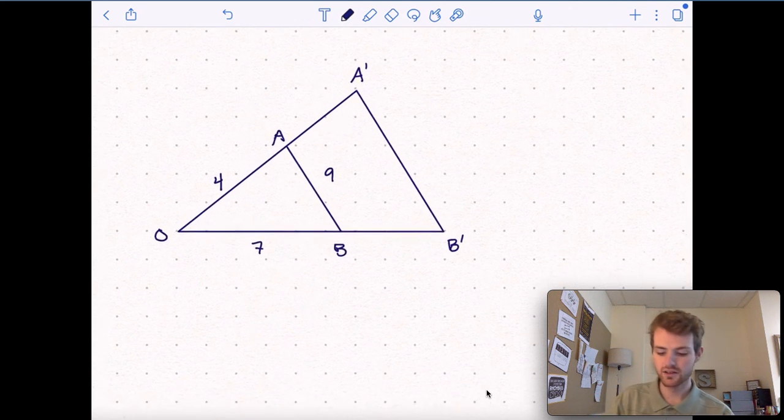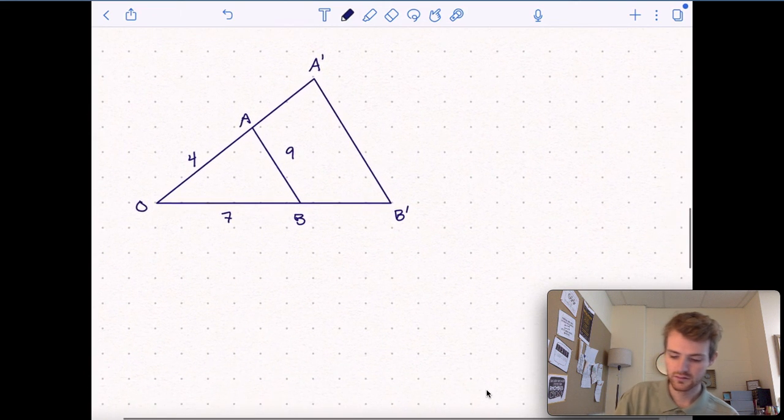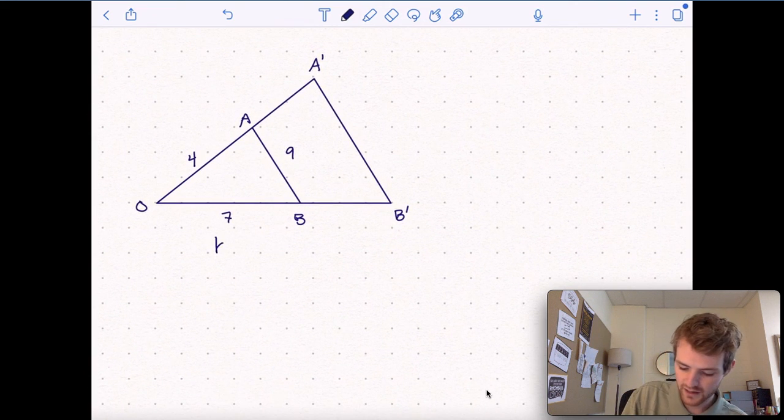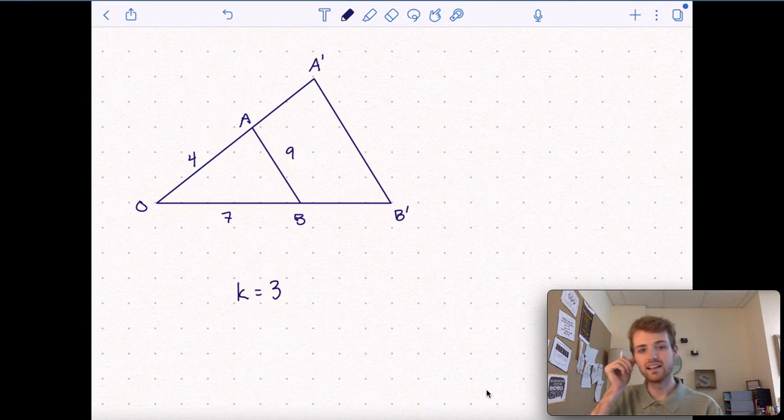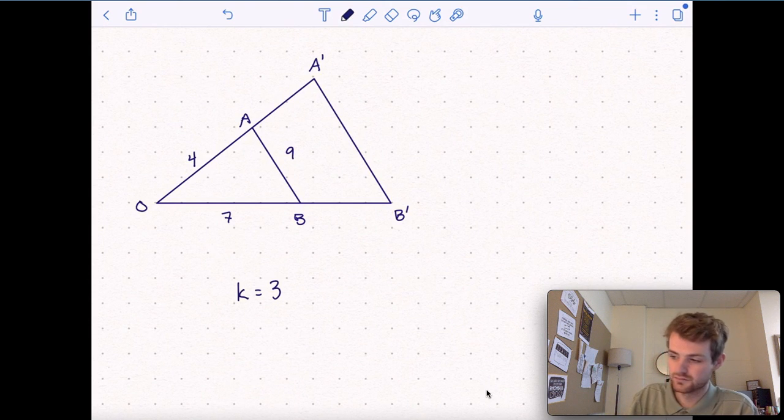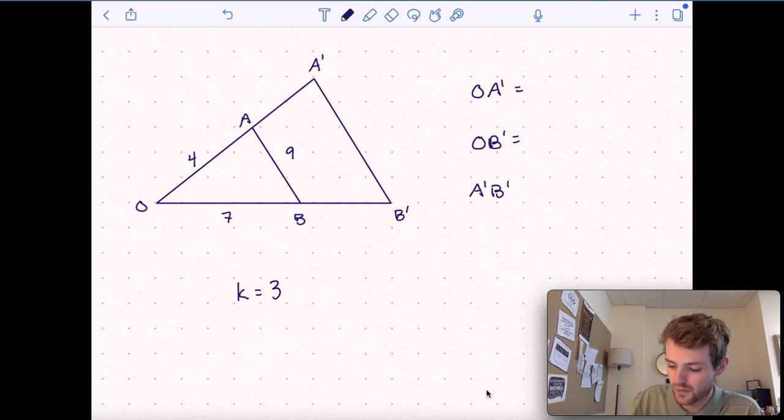If I tell you that our scale factor here is 3, I'm going to ask you what OA prime is, what OB prime is, and what A prime B prime is.